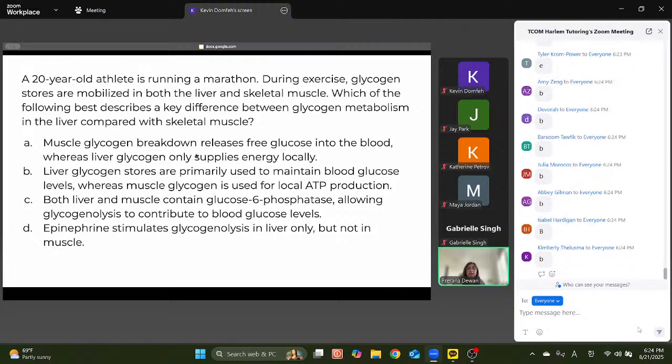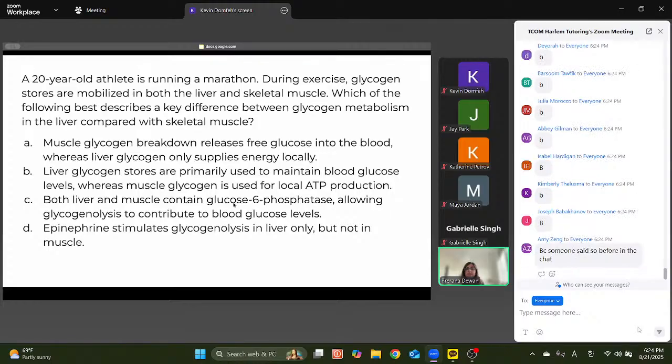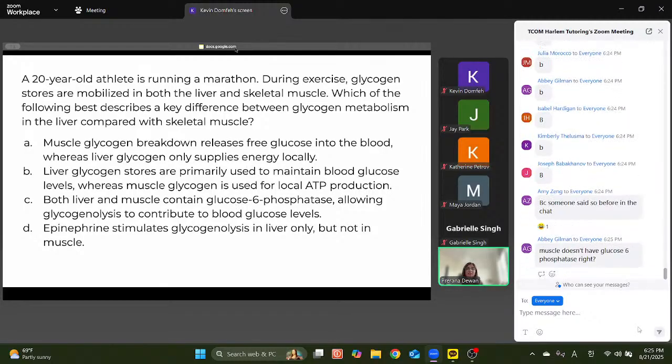All right, I'm seeing a lot of B. Does anyone want to explain why that's the right answer? Because someone said so before in the chat. Fair enough. Essentially, the liver's main role is systemic energy supply, especially for the brain and other tissues during exercise and fasting.